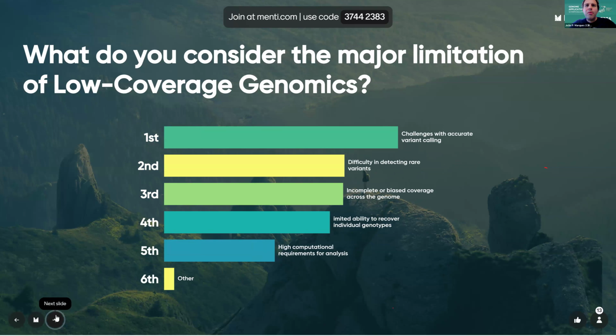Okay, there is a typo in the limited ability to recover individual genotypes.